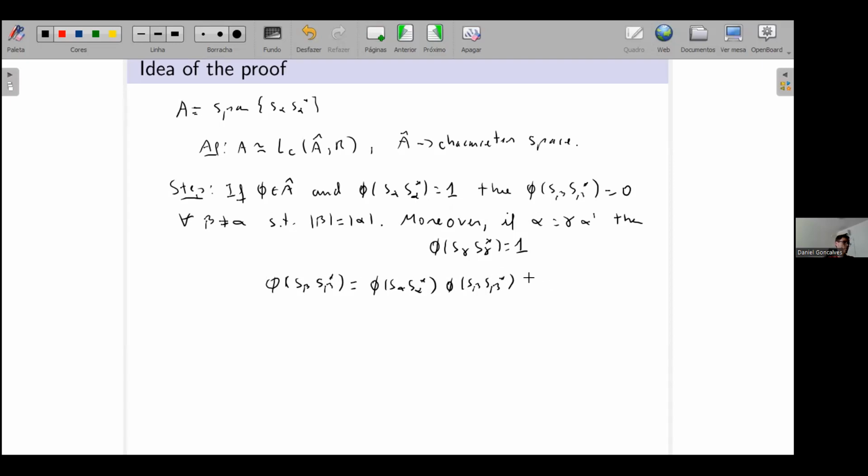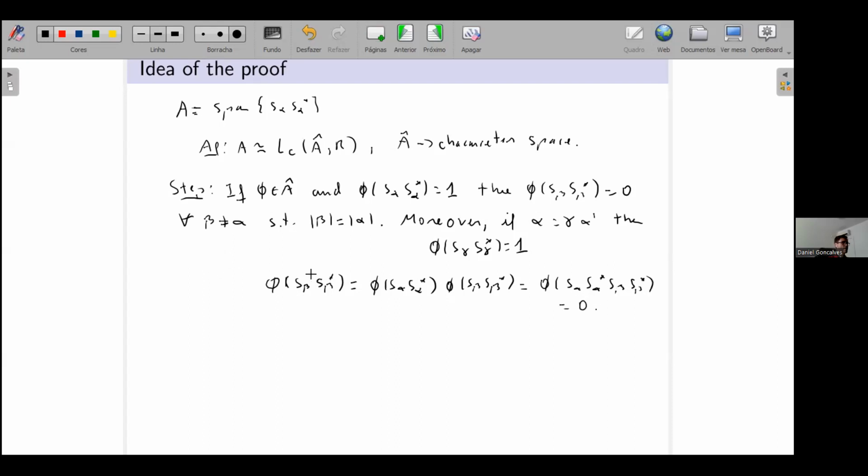Now phi is a homomorphism, so this is phi of S_alpha star S_beta star, and this is 0, so it is equal to 0.